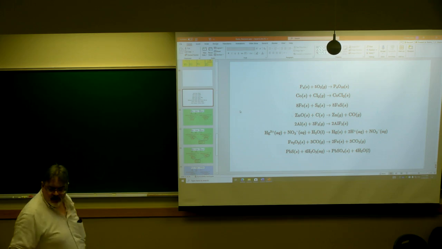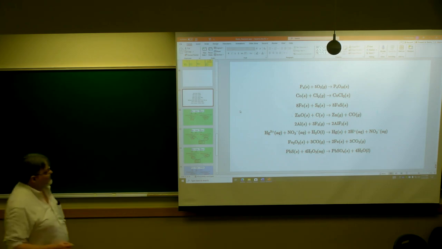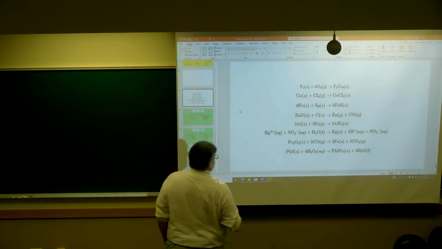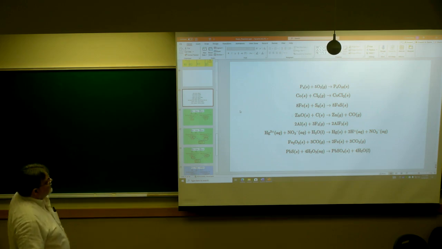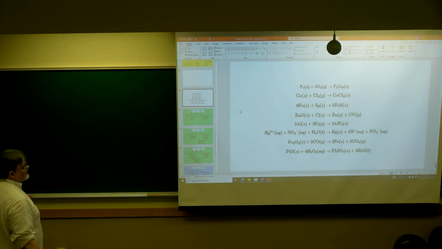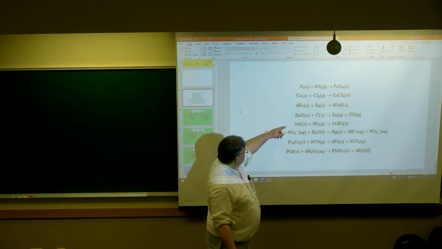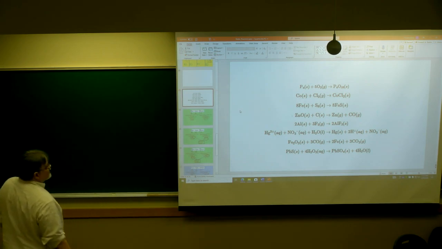Did we do any of these the other day? Do you remember which ones? I'll just pick one. We did the cobalt, iron, zinc, lead, and then the phosphate one. So let's do, we didn't do aluminum, mercury, or iron oxide. I did the lead. All right, let's do the aluminum one.